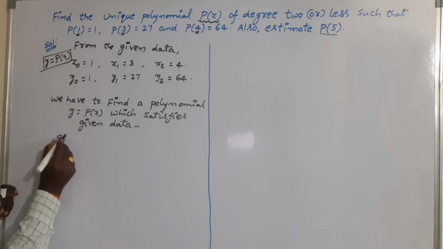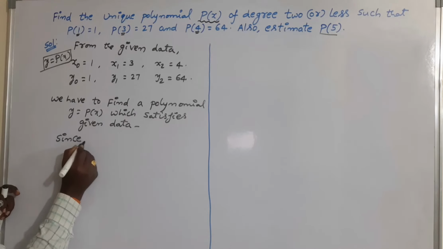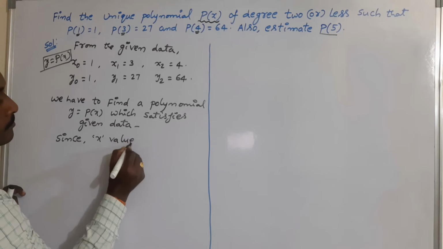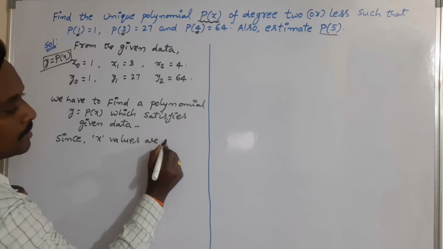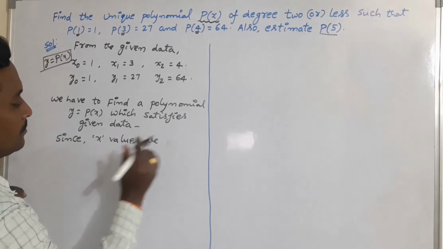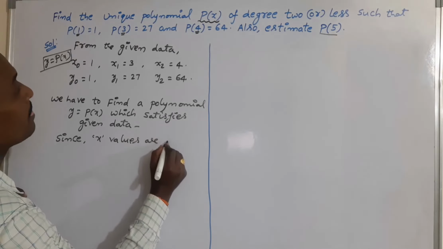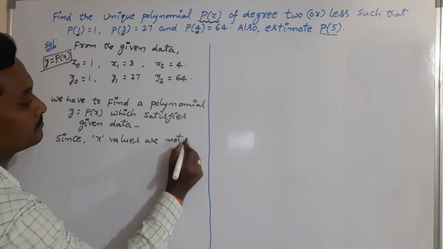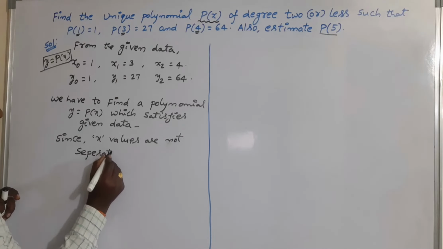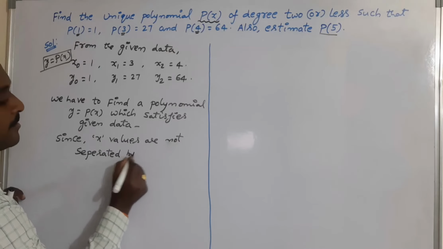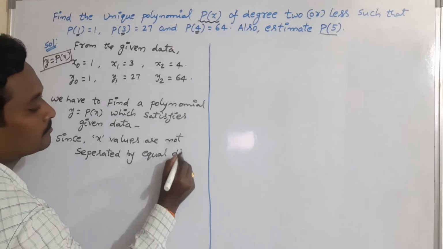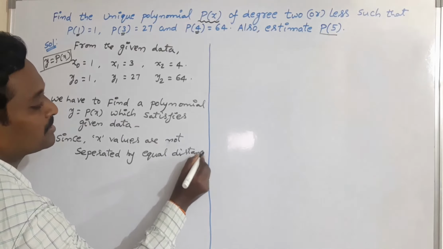Since x values are not separated by equal distance, we can use Lagrange's interpolation formula.